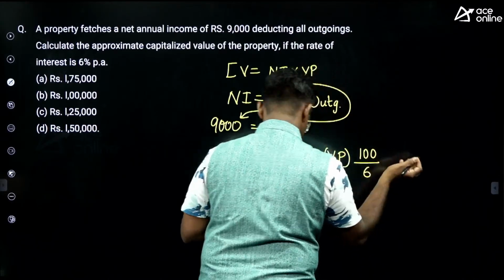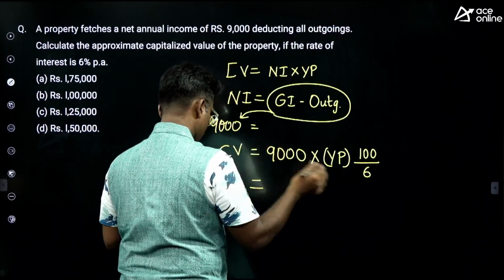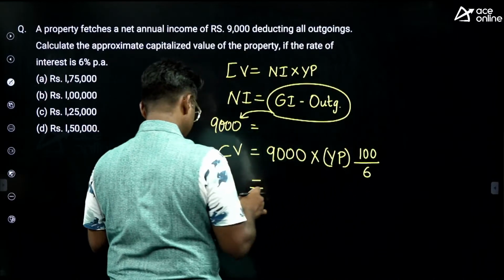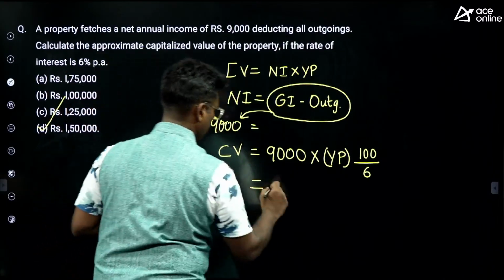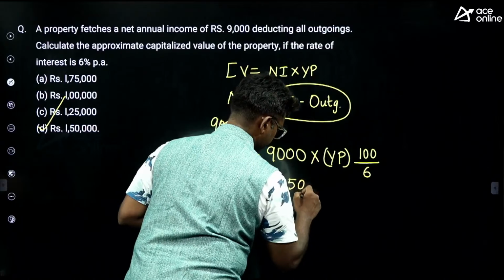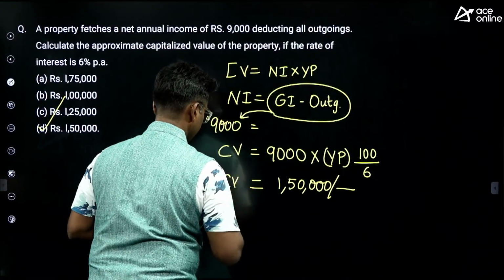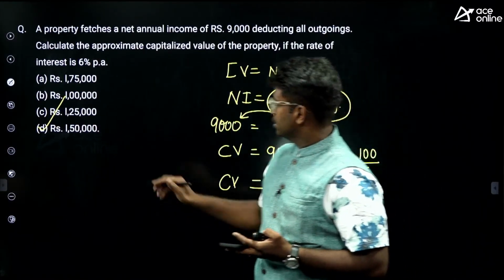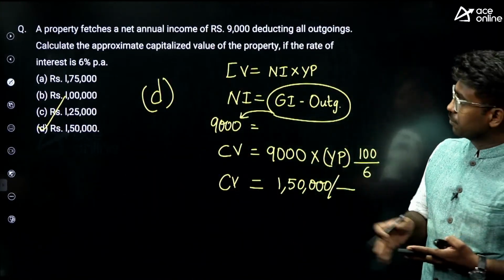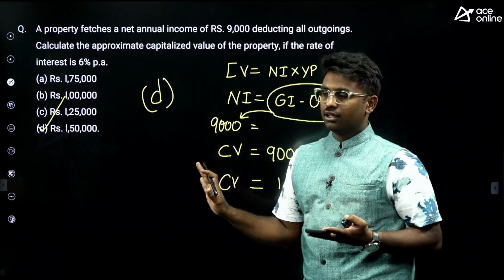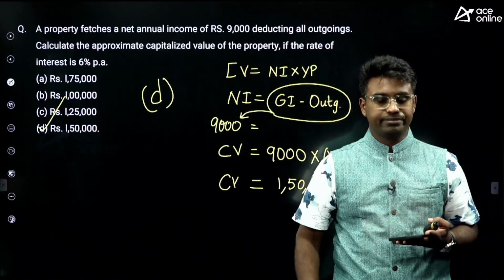If we calculate this part, the capitalized value is around 1,50,000. Answer is D. Simple question. सब कुछ दिया हुआ है. Nothing is out of the box. Directly he is asking for the capitalized value of the property.